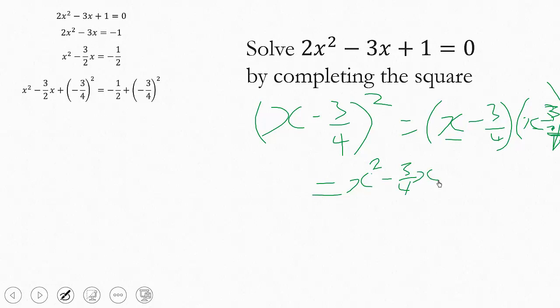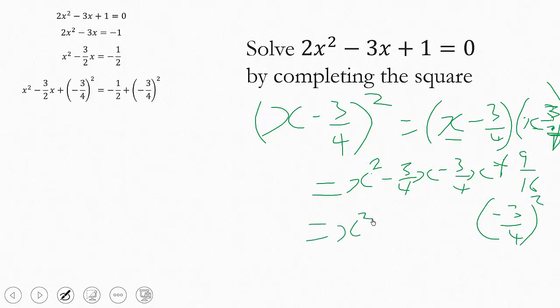And minus 3 over 4x times x will give you this. And minus 3 over 4 times minus 3 over 4 gives you plus 9 over 16, or negative 3 over 4 all squared. So the 9 over 16 is the same as negative 3 over 4 all squared. When we simplify this, we get negative 3 over 4 minus 3 over 4, which is 3 over 2x.